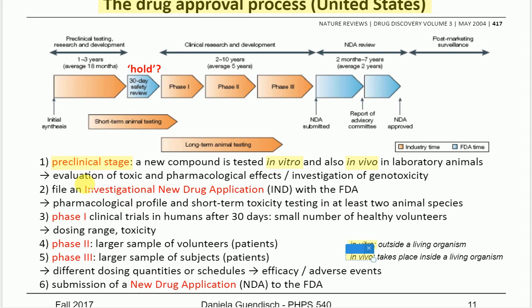You start by filing an investigational new drug application, or an IND application, with the FDA. And then you get a pharmacological profile and short-term toxicity testing in at least 2 animal species.